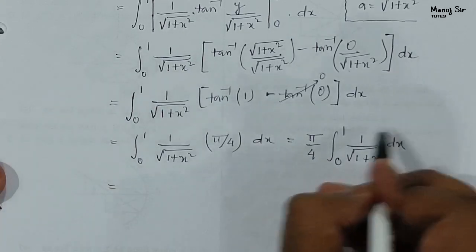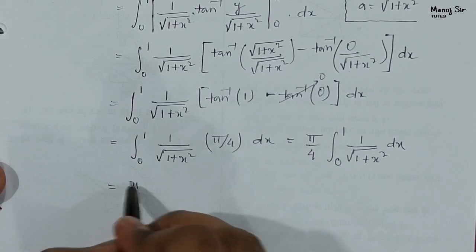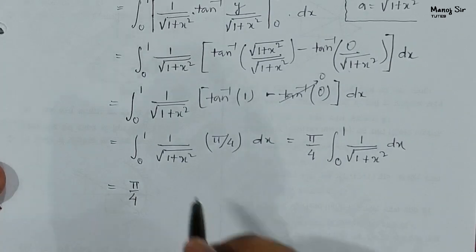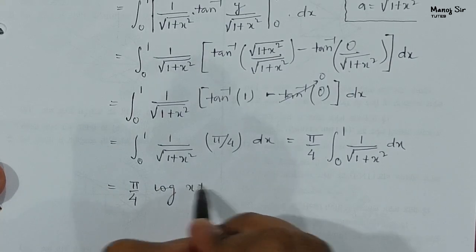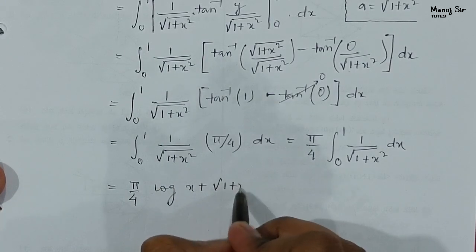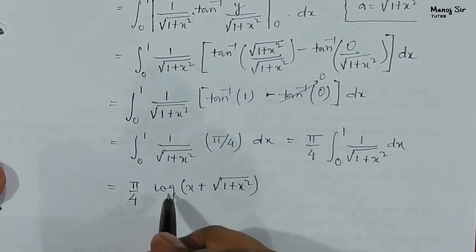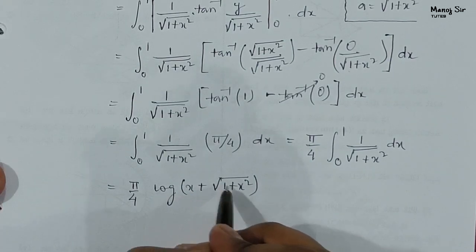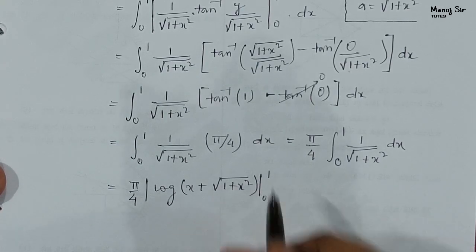Now you need to remember the formula. This pi by 4 is as it is, and this will be log of x plus root over of 1 plus x square. The formula is log of x plus root over of 1 plus x square. Now the limit goes from 0 to 1.